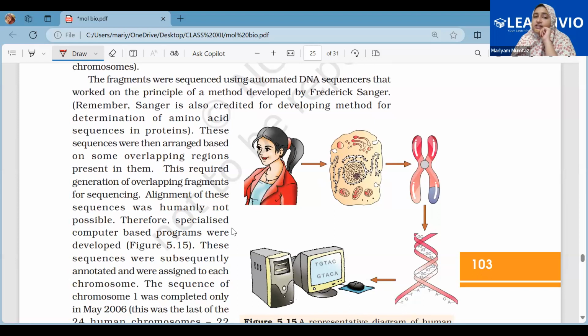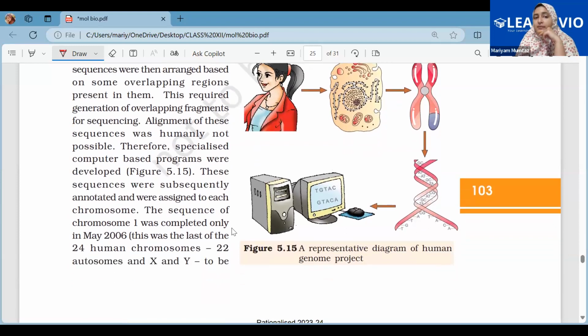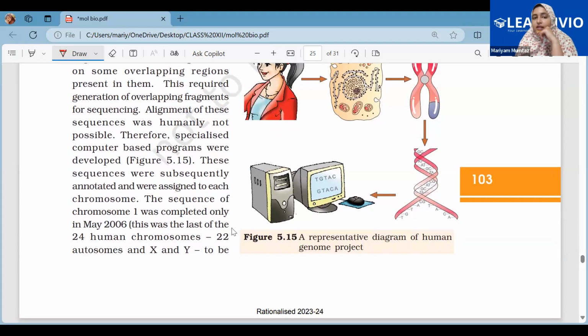Now, the fragments were sequenced using automated DNA sequencers that worked on the principle of a method developed by Frederick Sanger. Now, he was the person who developed the sequencing method. Now, these sequences were then arranged based on some overlapping regions present in them. This required generation of overlapping fragments for sequencing.